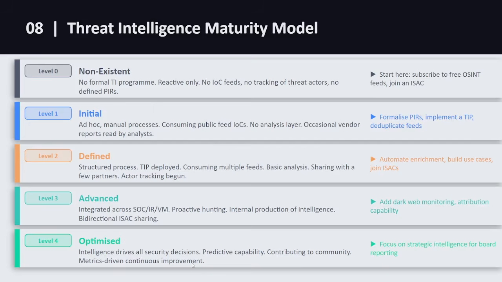You will take decisions based on all these activities. You will not rely upon the security architect or any analyst if he is saying that. You will completely rely on this intelligence, and based on that you will take the decision. So you will have a predictive capability here.